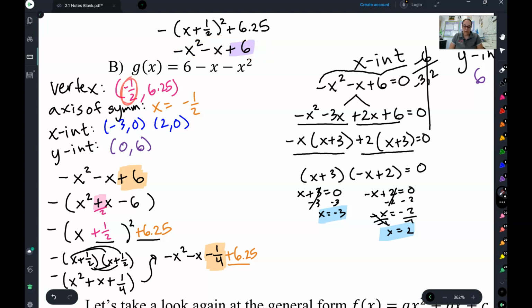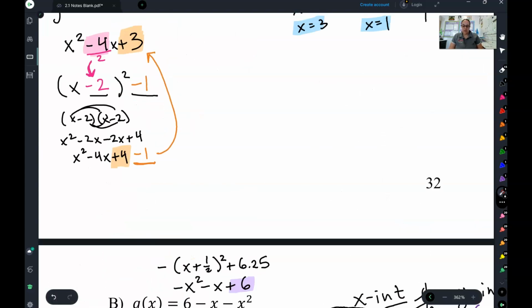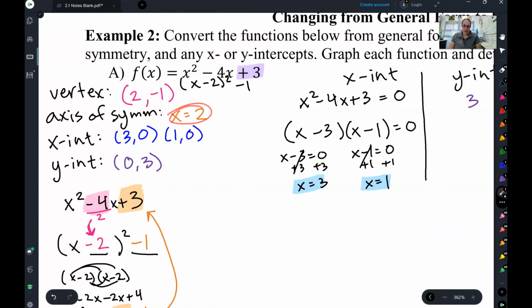If you plug negative 1/2 in here for x and simplify, you're going to get 6.25. Same with the last one. If I knew my axis of symmetry was halfway, so I know my x point, if you plug 2 into this equation, you're going to get negative 1.